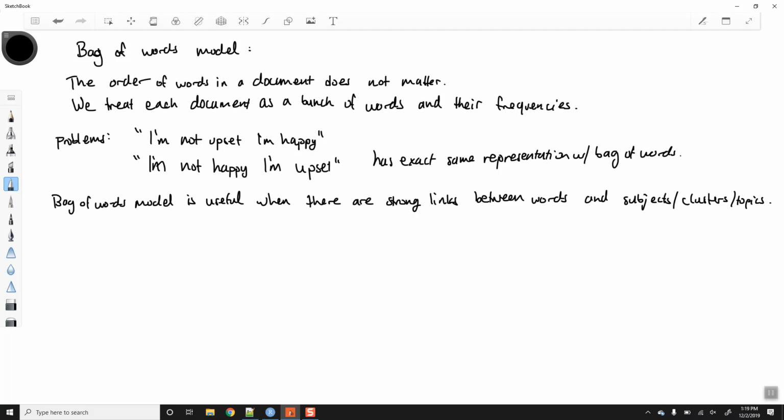So here's the model that we're going to do: an extremely simplified document creation model.